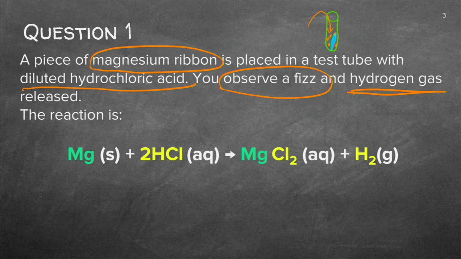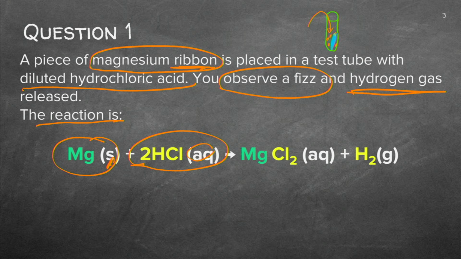They're giving you all this information. In this question, they actually gave us the reaction as well. So we've got magnesium, and can you see it's a solid, and that resembles the ribbon. It's hydrochloric acid in aqua, meaning it's with water, and it's magnesium chloride. And this, remember, is an electrolyte.